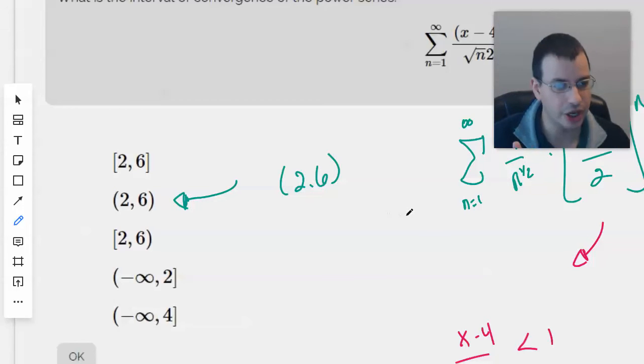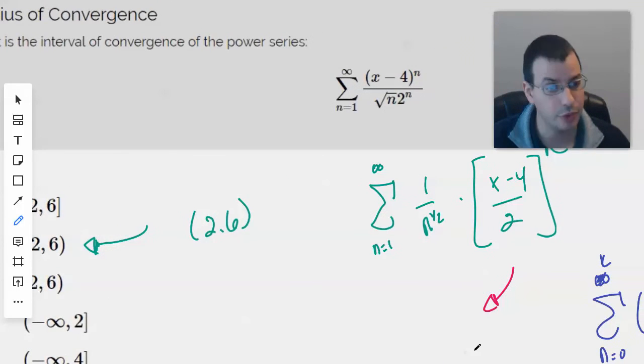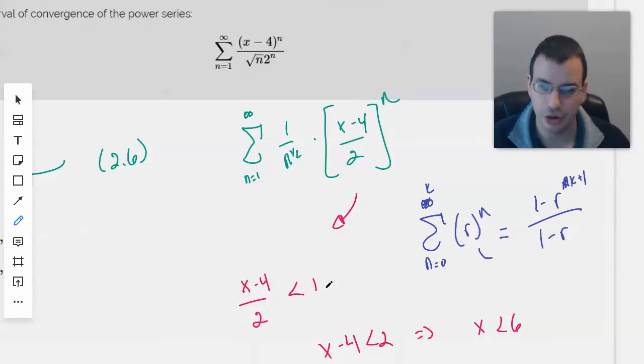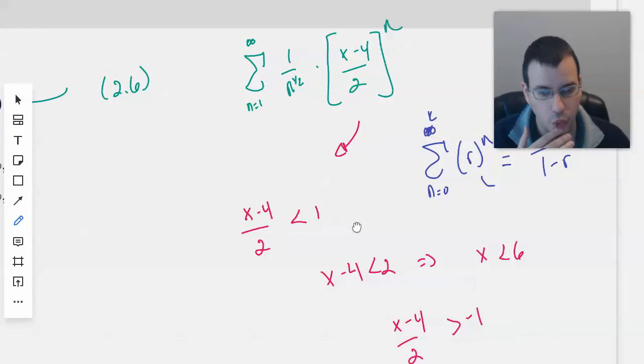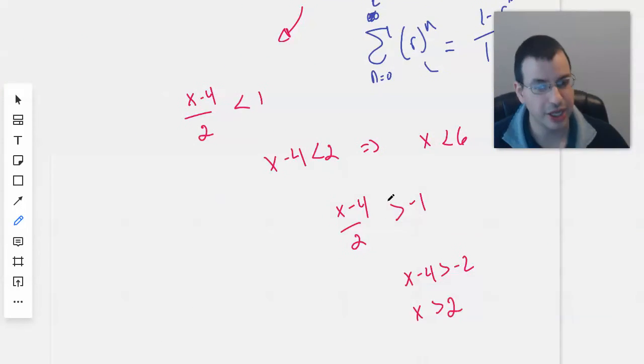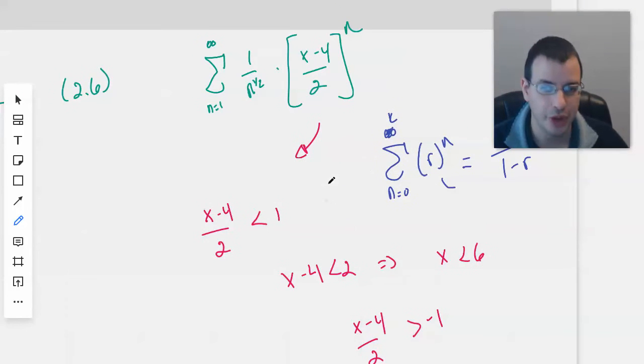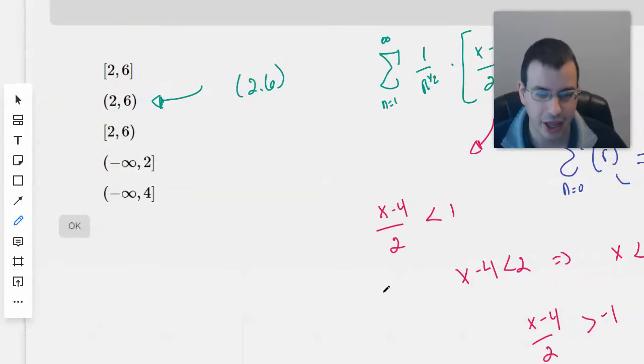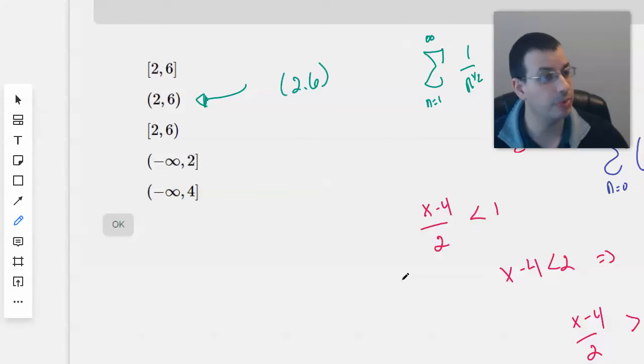There's one other small factor in play that we really didn't discuss yet, which is the endpoints. So let's say we plug in 2.